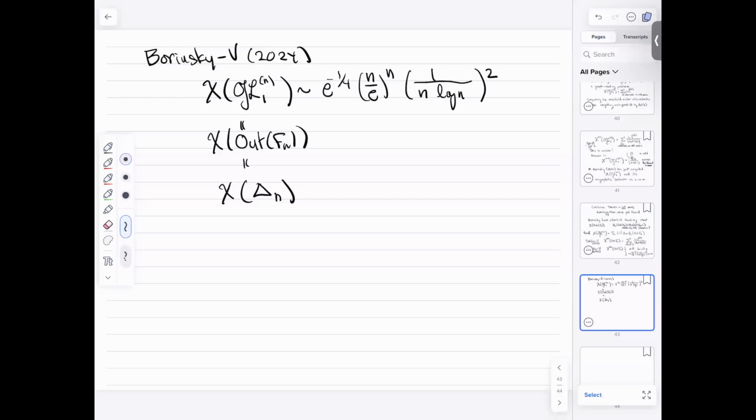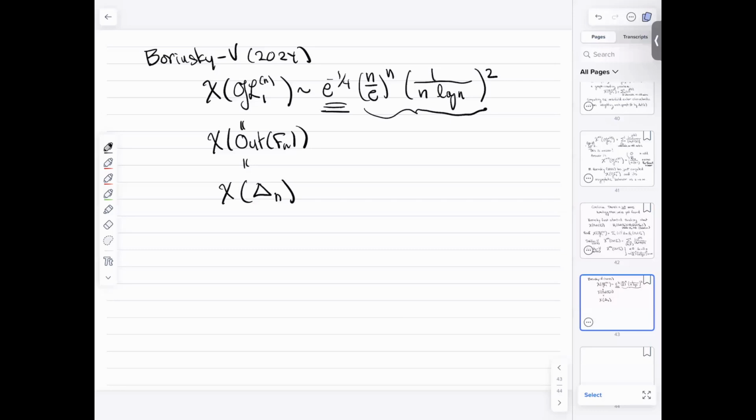The formula for the asymptotics of the orbifold Euler characteristic is off by e to the minus 1/4 from the actual asymptotics. This is also the Euler characteristic of Out(Fn), the alternating sum of the Betti numbers.